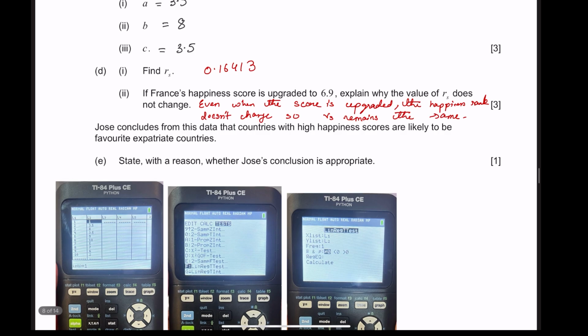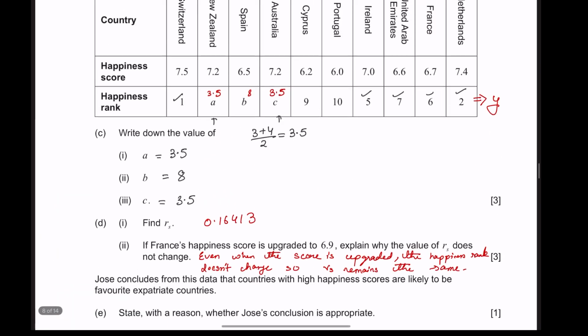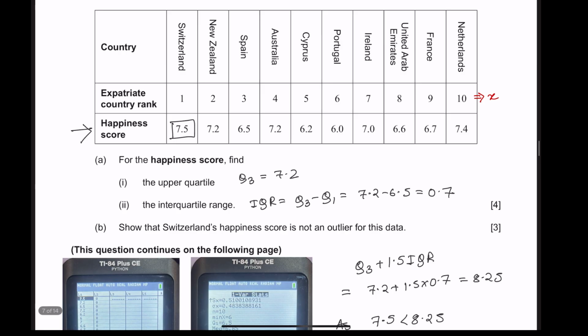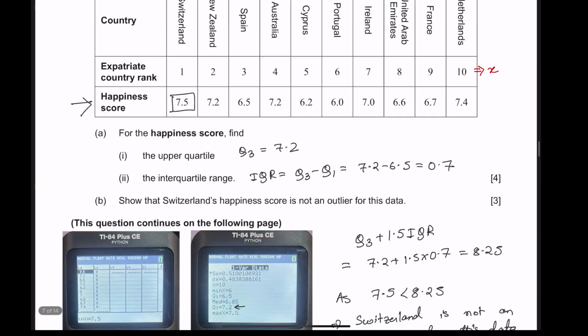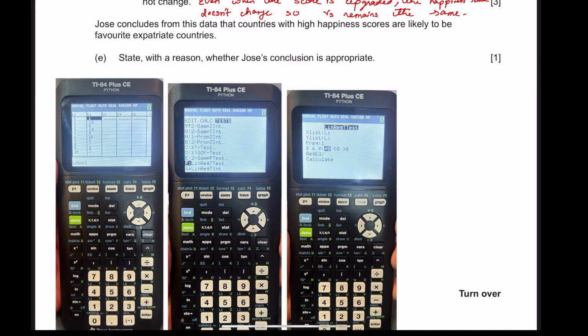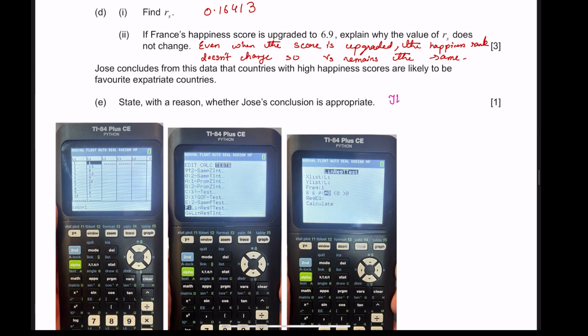So we cannot conclude that high happiness scores are likely to give high expatriate country ranks. So his conclusion is not appropriate. And just write it here: the Spearman rank correlation coefficient.